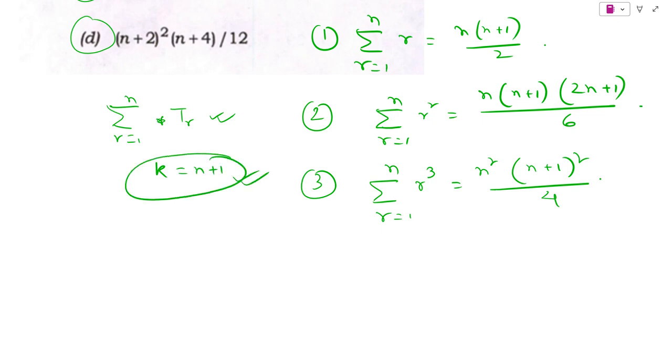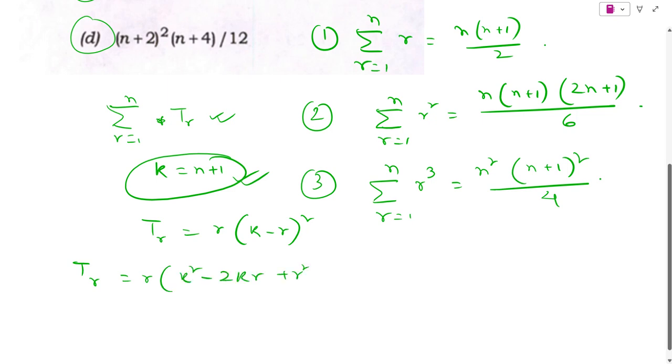So rewriting our general term with k, we can say TR is R into k minus R whole square. Now expanding the square, we get TR is r into k square minus 2kr plus r square. So this is equal to k square r minus 2kr square plus r cube, right?